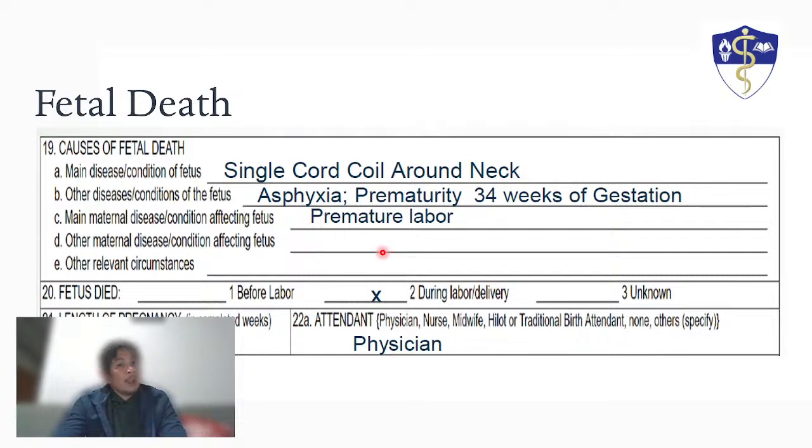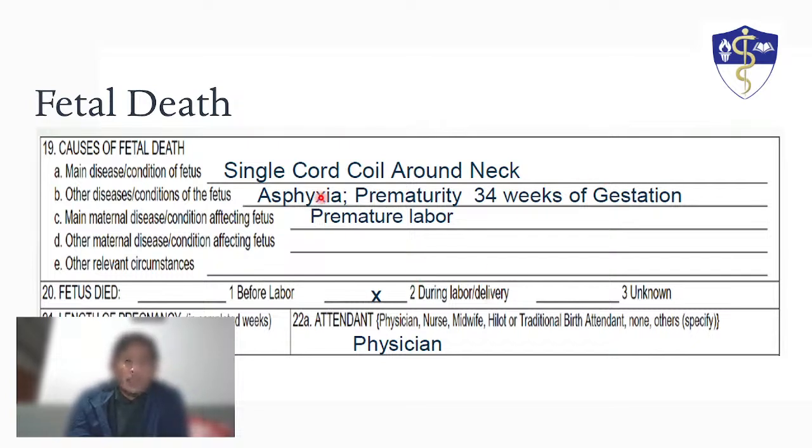Okay? But if you have other disease or conditions of the fetus, see this one? This is an actual DOH slide. So I mentioned during the last module that if you are to use garbage code, so like this, asphyxia is considered a garbage code. You have to follow it with a better cause of death, asphyxia, and then prematurity, 34 weeks age of gestation.